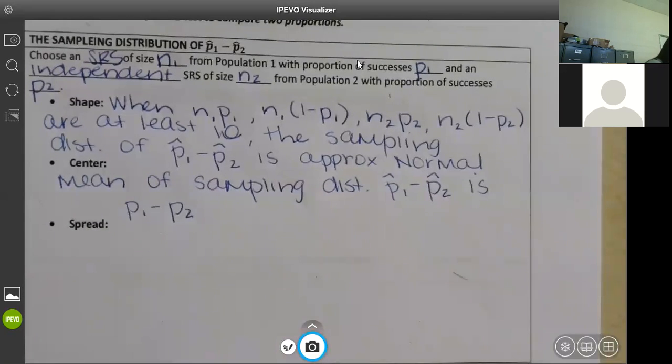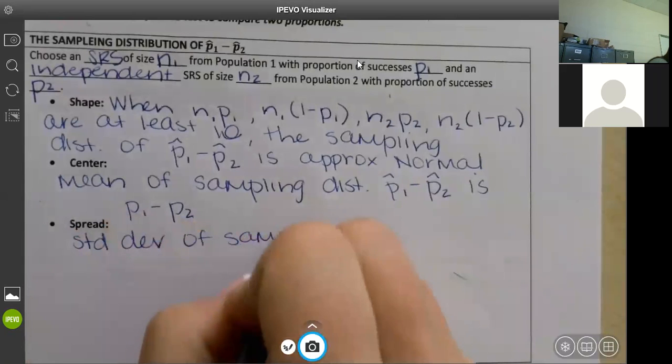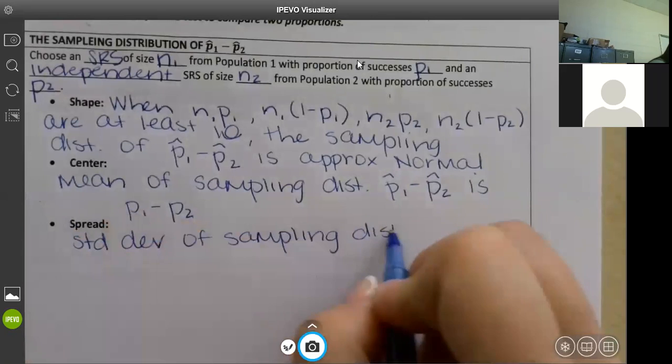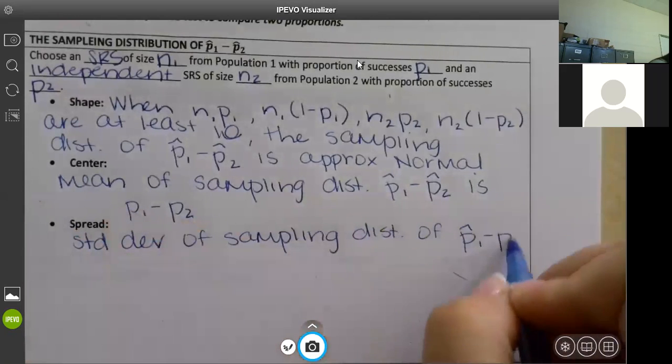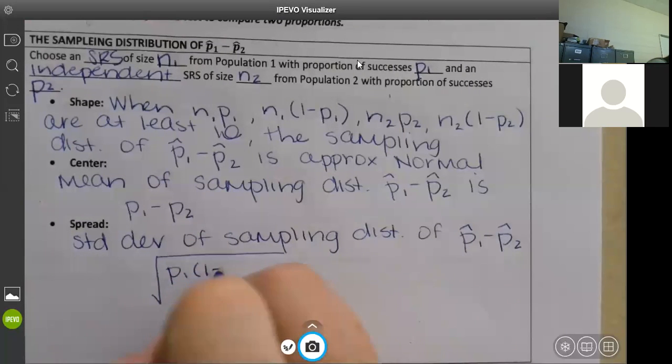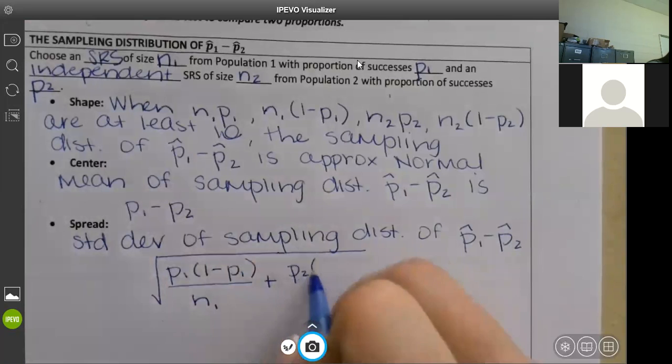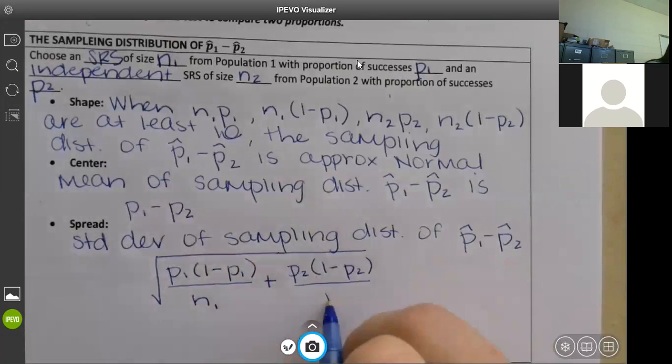So the spread, the standard deviation of the sampling distribution of P hat 1 minus P hat 2 is the square root of P1 times 1 minus P1 over N1, plus, remember we add them, P2 times 1 minus P2 over N2.